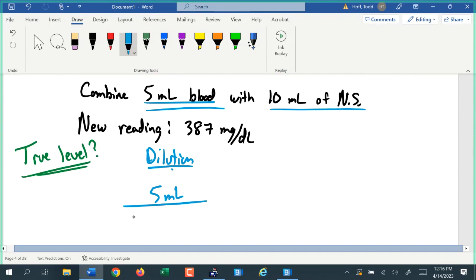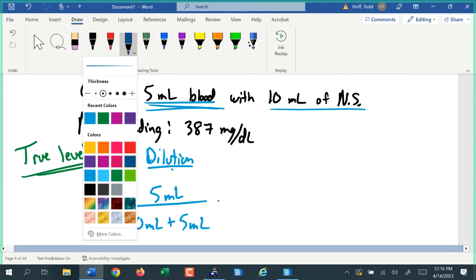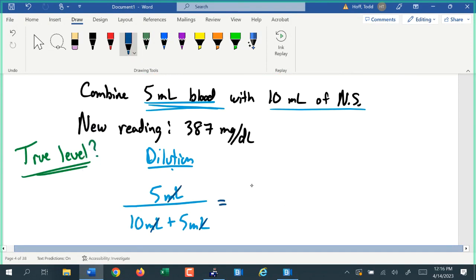So that's the 10 milliliters of saline plus the 5 milliliters of blood. The milliliters will all cancel out. This will become a 5 to 15 dilution. Now we can reduce that to a 1 in 3 if we want to, but we really don't have to. We can continue with that 5 and 15 to now correct our reading.